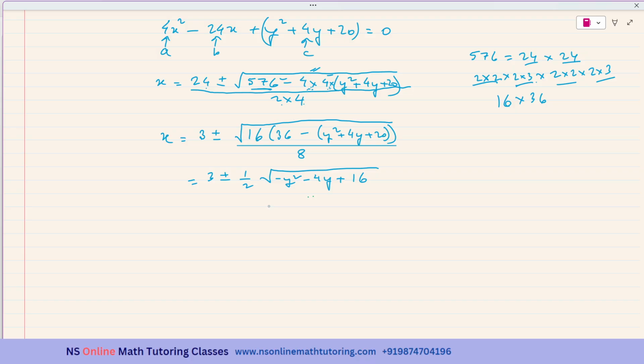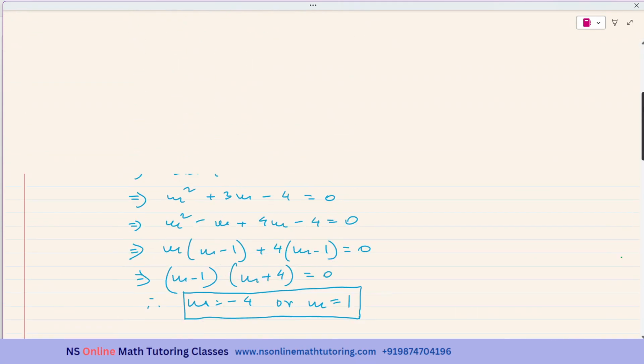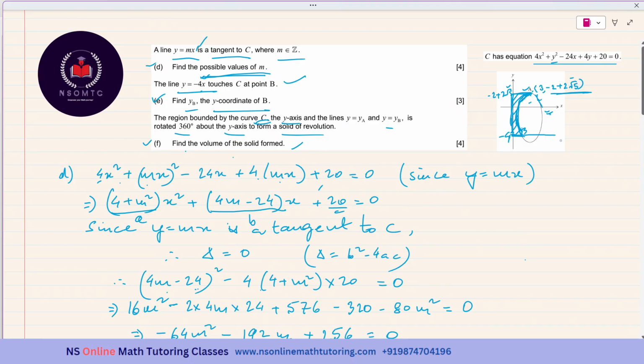So I have this expression for x. But I cannot take both the signs plus and minus. What should I be taking, 3 plus or 3 minus? This part will be a positive number, so 3 plus means the x coordinates will be more than 3, and 3 minus means the x coordinates will be less than 3. Let us go back to the diagram that they have given.